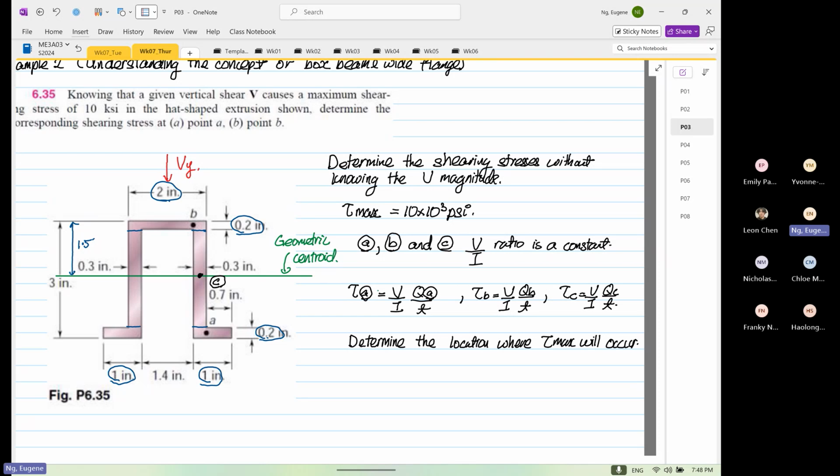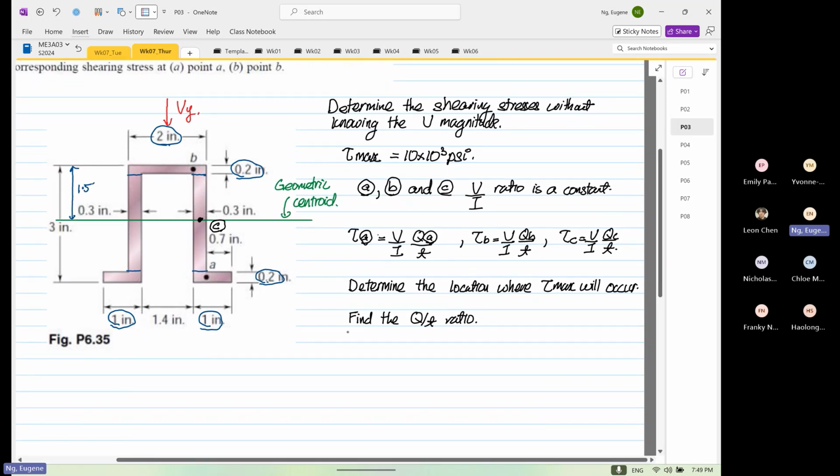So now to determine where the maximum tau max will occur, we have to find the Q over T ratio. Remember last Tuesday, right? On Tuesday, we talked about this Q over T ratio. So now we have to find the location of the maximum shearing stress based on the Q.